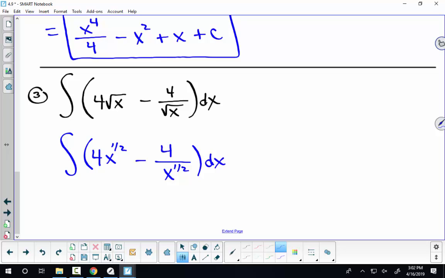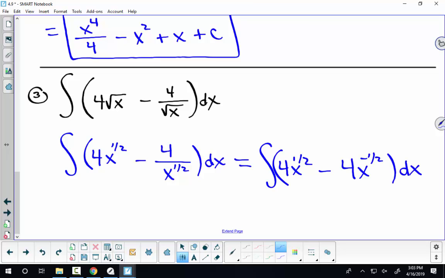Okay, yeah, that's what I would recommend. So it's 1 over x to the power for the 4 over root x. So let's make that into 4 times x to the negative 1/2.